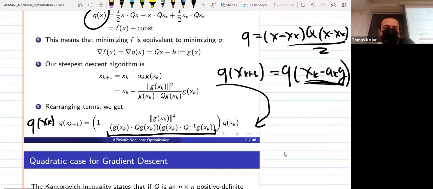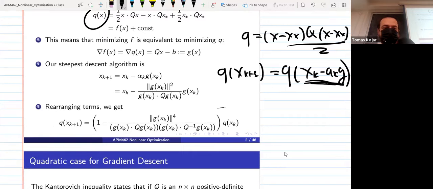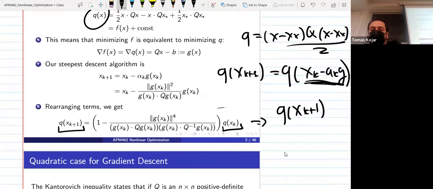And now I want to show that Q of xk plus 1 will be strictly less than Q of xk. So I want to get a rate, like you were asking. I want to compute the ratio or the difference, whatever you like.